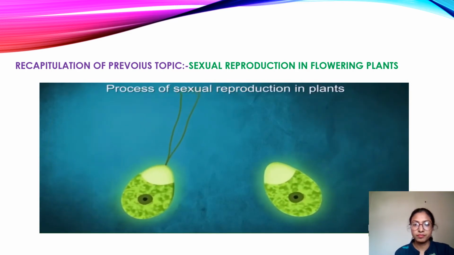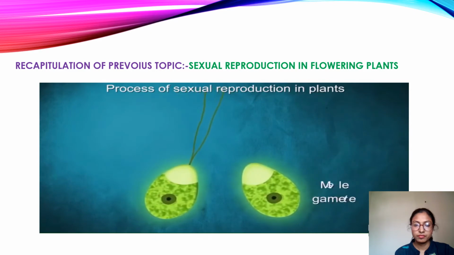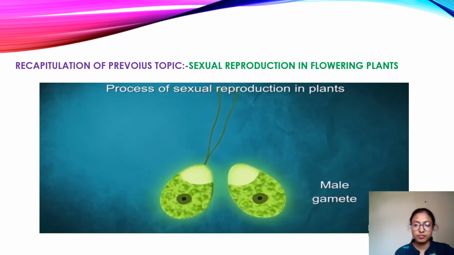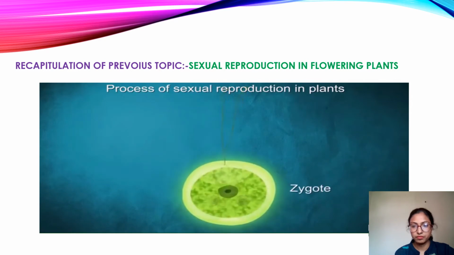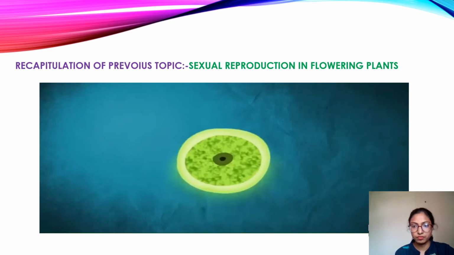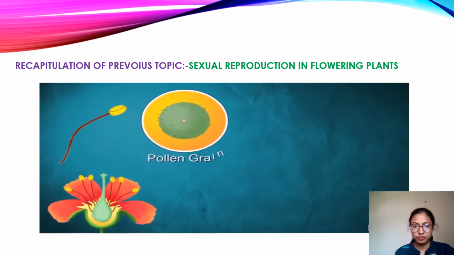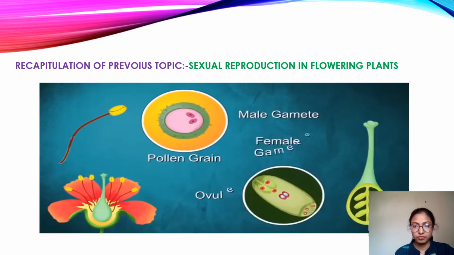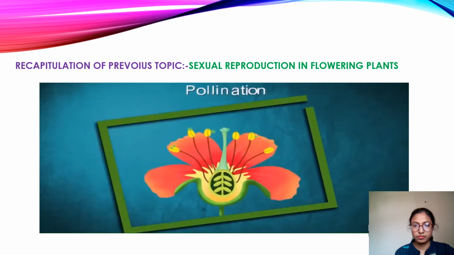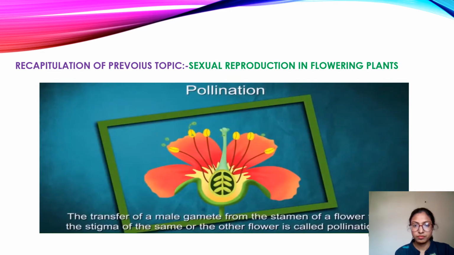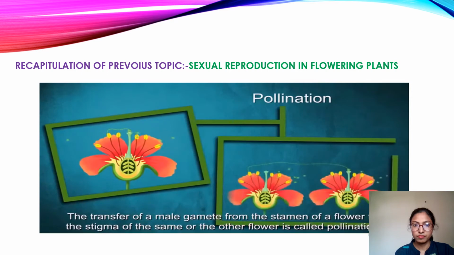For sexual reproduction to take place, a male gamete is to be fused with the female gamete, thereby forming a zygote. Now for that, the male gametes have to reach the female gametes. For this, first a pollen grain carrying the male gametes is transferred from the stamen of a flower to the stigma of the same or the other flower.